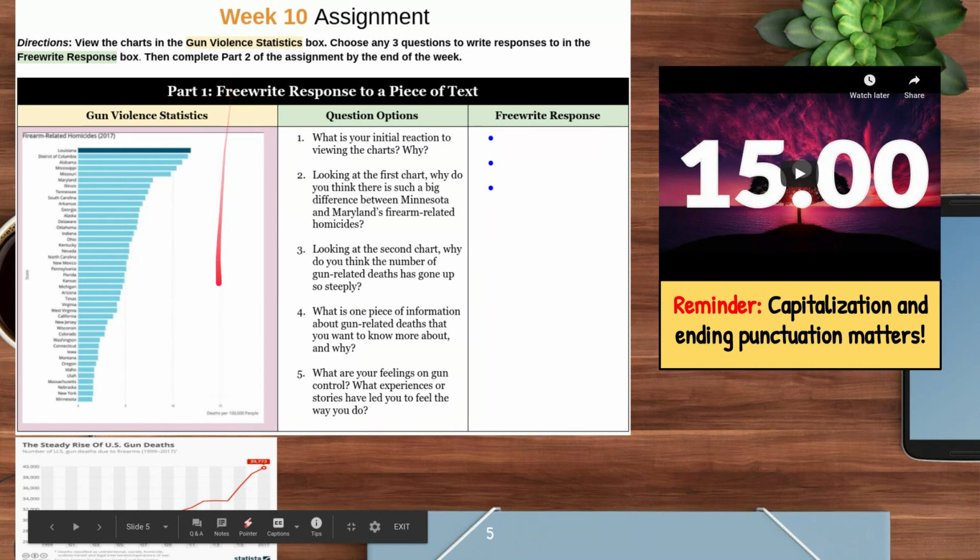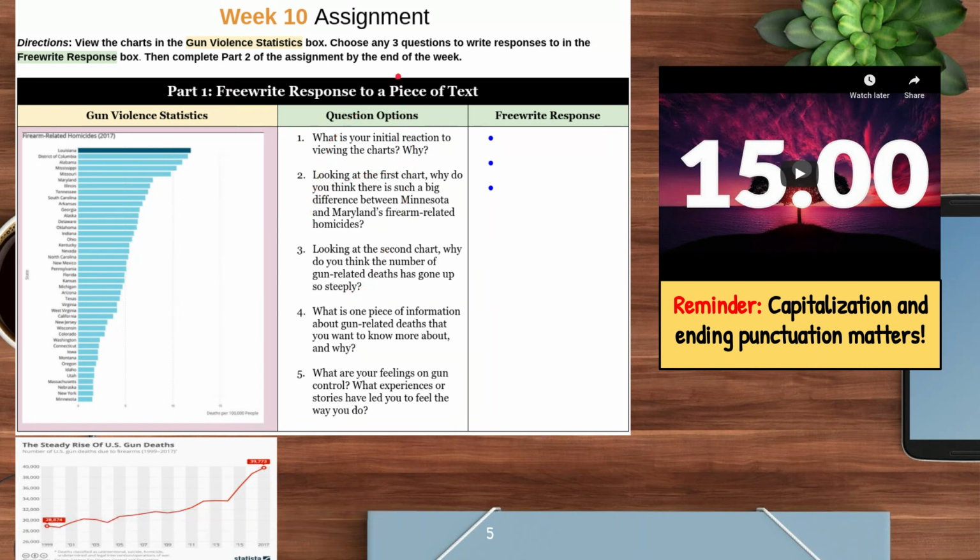Once you've taken a look at those two charts, you're going to choose any of these questions to write a response to in the free write response box, just like we did last week. Your 5 options are: Number 1, what is your initial reaction to viewing the charts and why? Number 2, looking at the first chart, why do you think there's such a big difference between Minnesota and Maryland's firearm-related homicides?